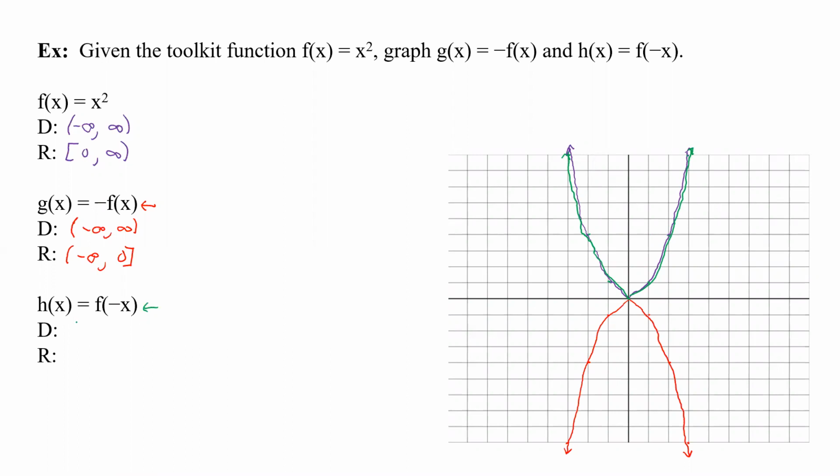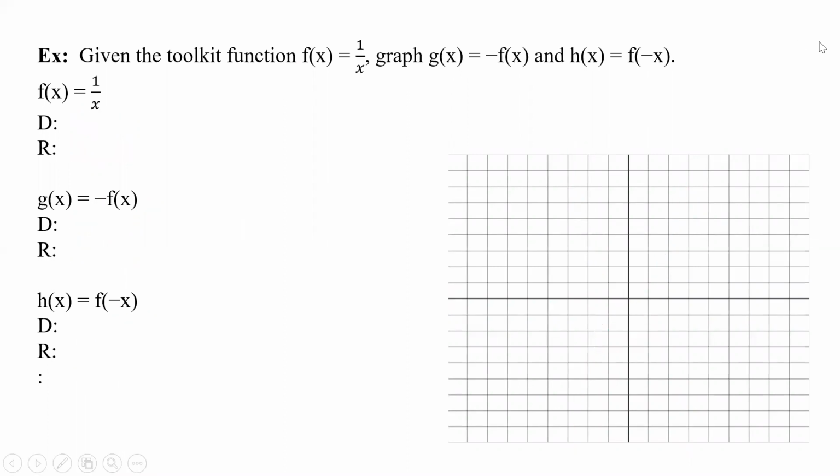And so that means our domain is from negative infinity to infinity, and our range goes from 0 to positive infinity, and that's a bracket. So that's how it works. And so we've reflected across going this way and then back this way, and we've reflected up, or basically down in this case, to get to our negative f of x. And so those are the ways we reflect across the x and the y axes.